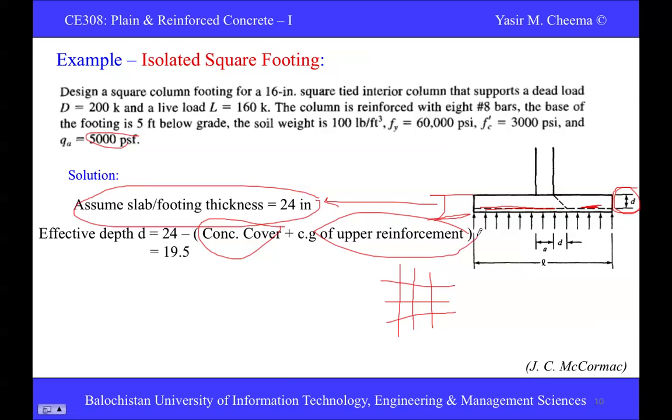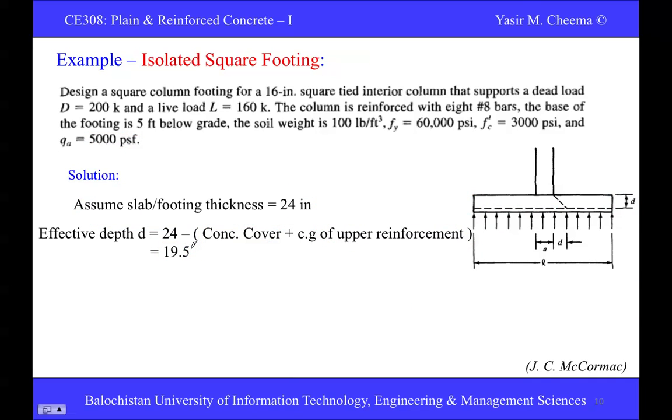From the bottom you subtract the diameter of the first reinforcement, then half of the upper reinforcement. So this comes to be 19.5 estimate. This is an assumption, an estimate. We assume the diameter of reinforcement here. So this comes to be the assumed effective depth D. Don't get confused.